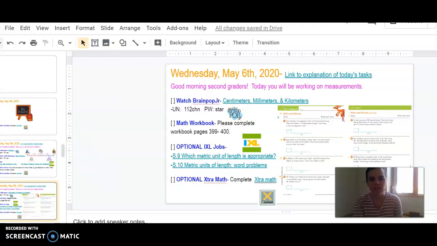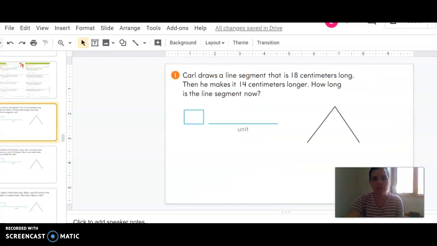All right, so now you should have your math workbook open to pages 399 to 400. The first one says, Carl draws a line segment that is 18 centimeters long. Then he makes it 14 centimeters longer. He adds on to it. How long is the line segment now? Do we know the total of how long it is now?